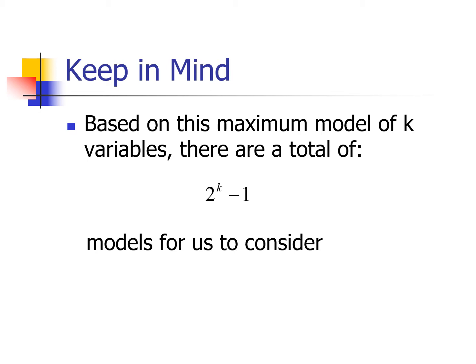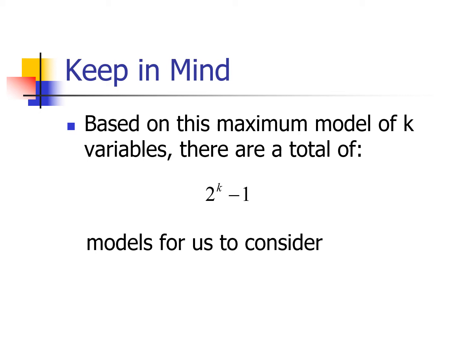If you're counting all the possible models, then the first variable is either in our model or not in our model. That's 2 possibilities. And the second variable is either in our model or not in our model. That's 2 possibilities, so that's 2 times 2. And the third variable is either in or not in our model, 2 possibilities, so now it's 2 times 2 times 2, and we keep repeating that for all k variables. So hopefully the 2 to the power k makes sense. Why minus 1?